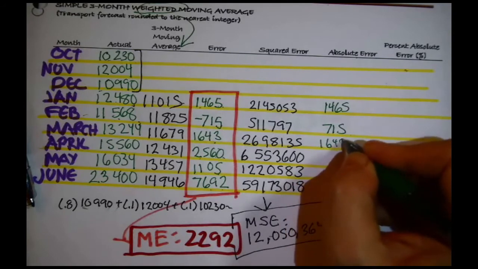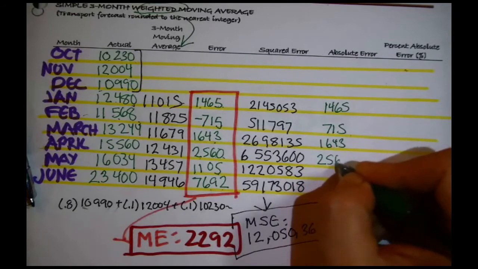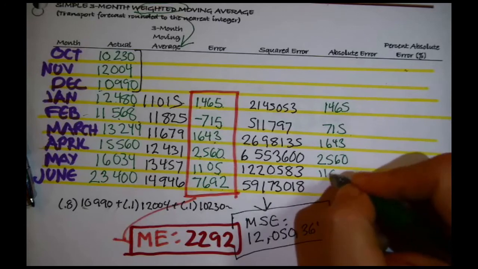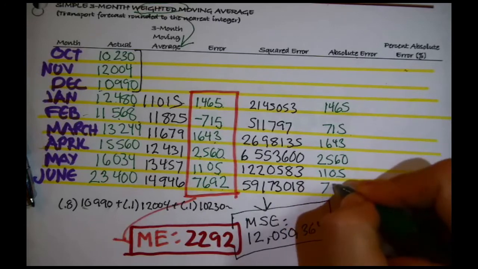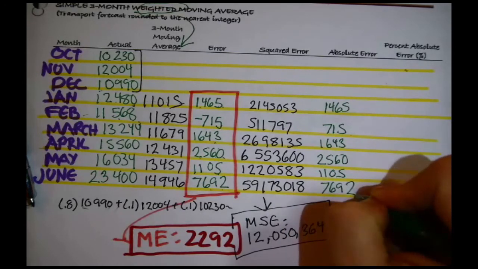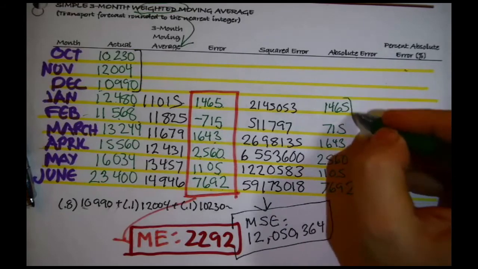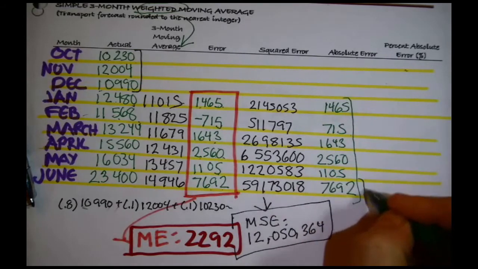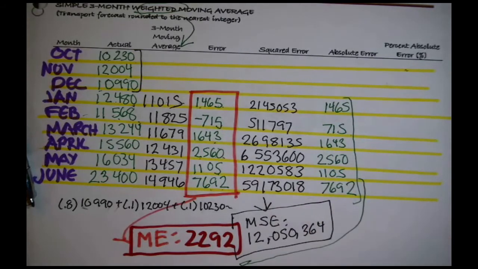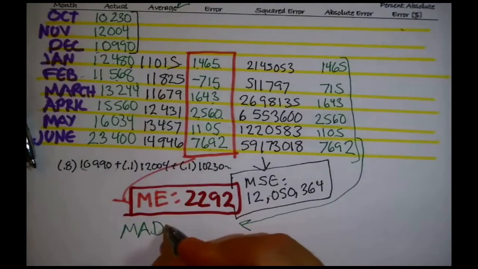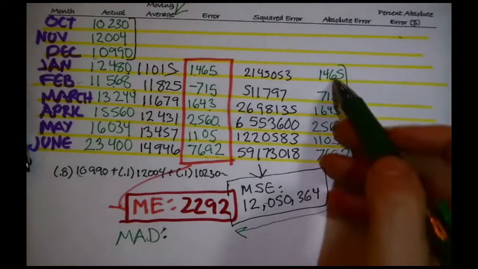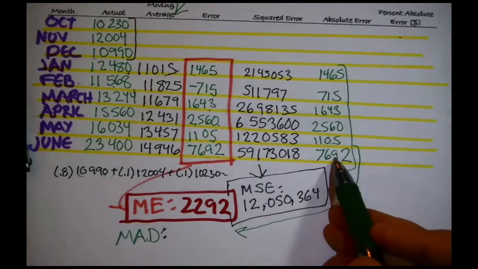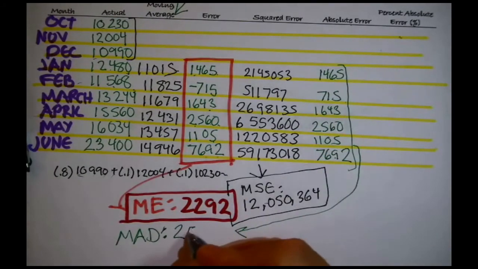Otherwise, I am just copying the error column because there weren't any other negative signs. Average those numbers together to find the mean absolute deviation. That's what it's called, the average of these numbers. I did that. I get 2,530.